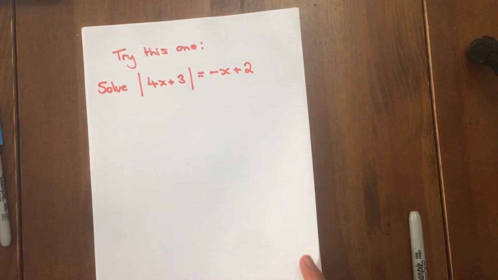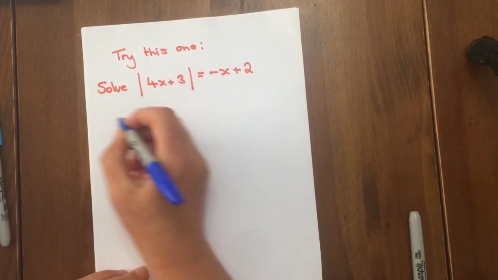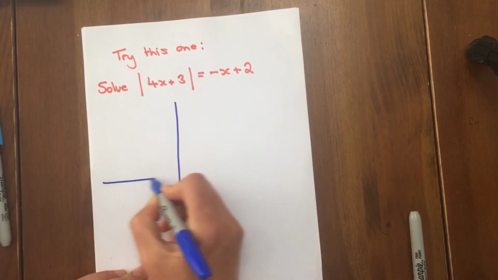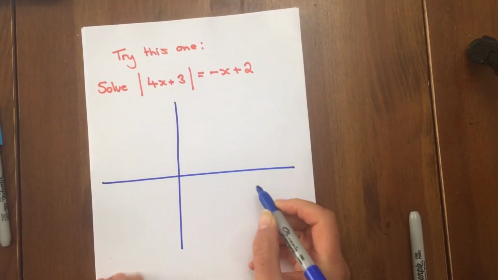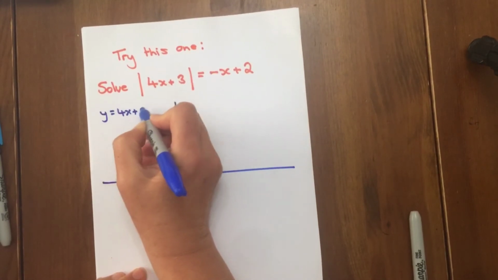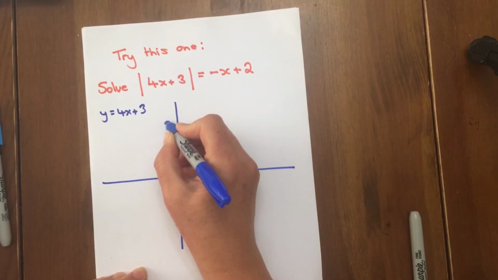Okay, so let's have a look what happens here. Let's first of all sketch. I'm going to sketch y equals 4x plus 3. So it will go through 3.